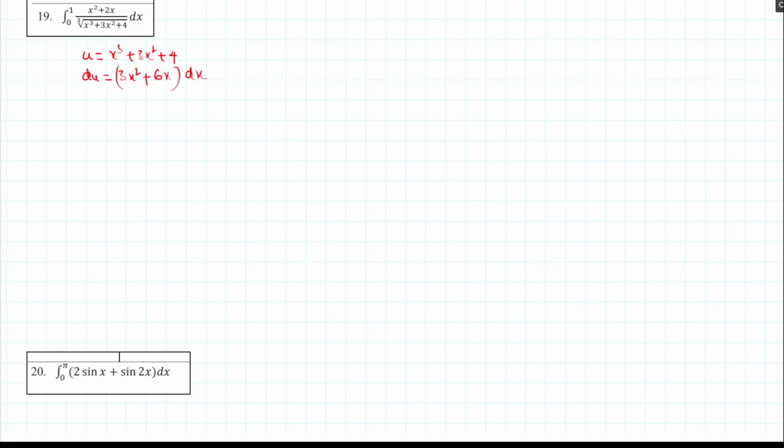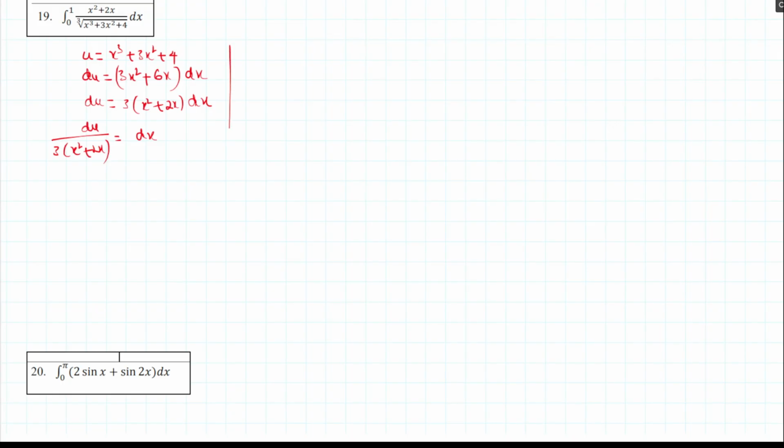Okay, and you can see du equal to, you can factor out the 3 here, so that is x square plus 2x and dx, and dx equal to, divide both sides by 3 times x square plus 2x, you will get du over 3 times x square plus 2x.